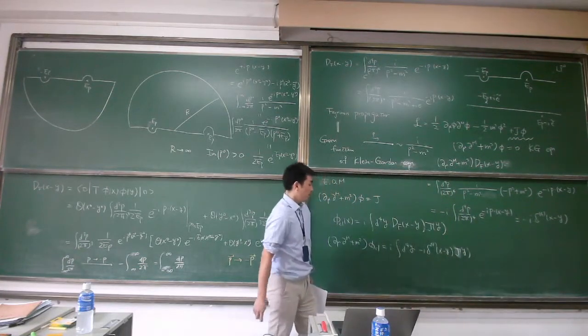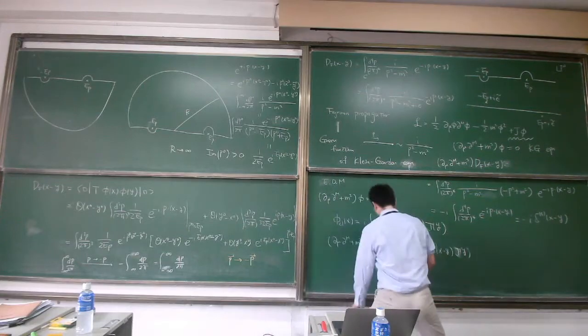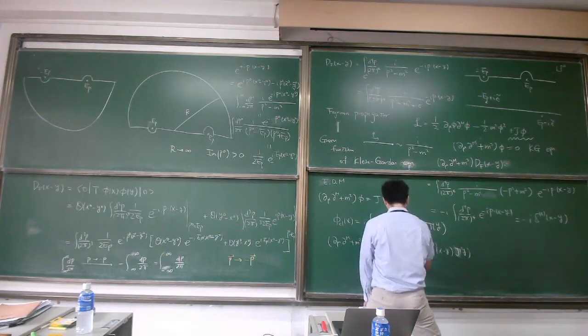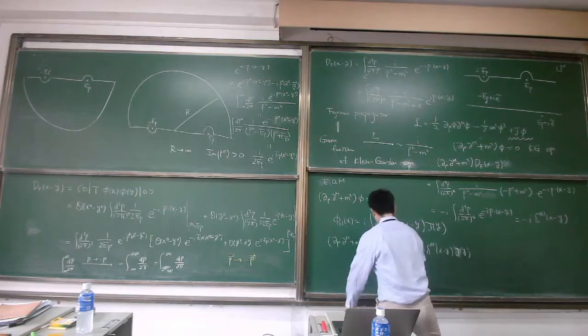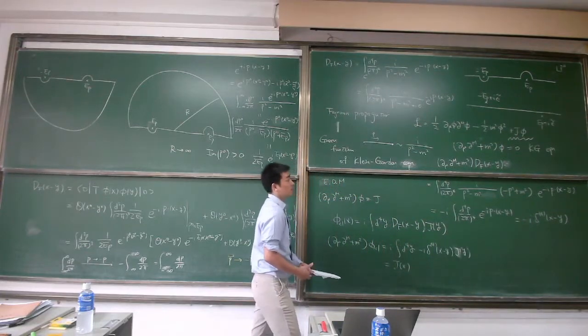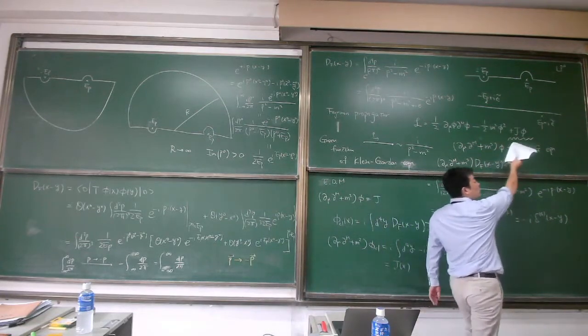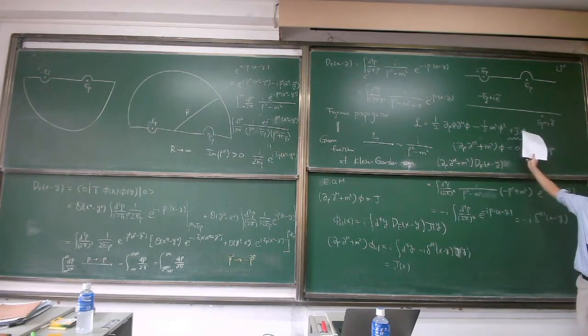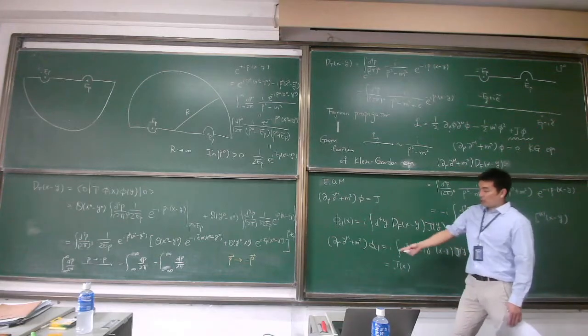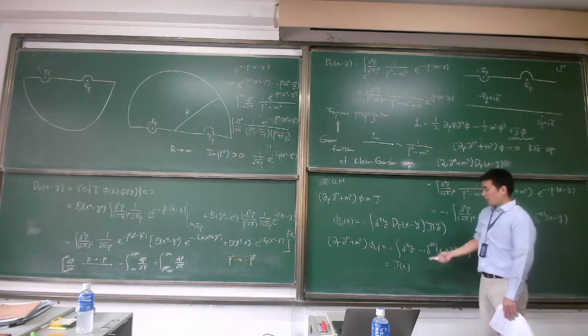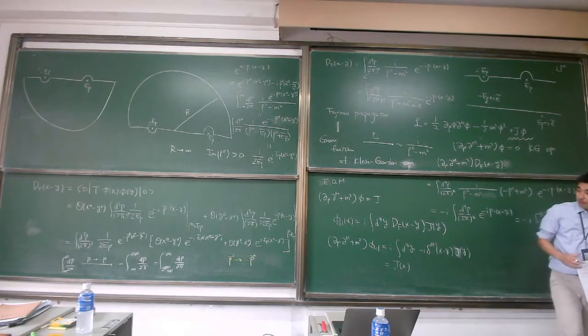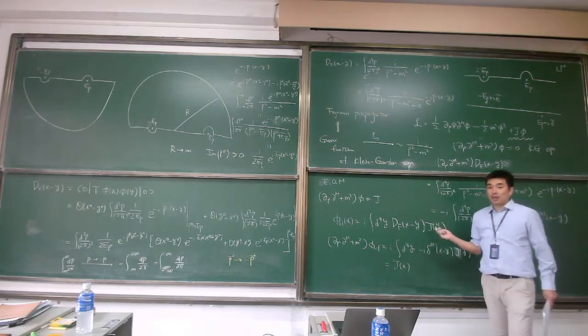So you can just do the integral here, and what you get is j of x. Therefore, even if you add this source term perturbation to the Lagrangian, the classical solution can be obtained by just an integral of the Feynman propagator times the source current j.